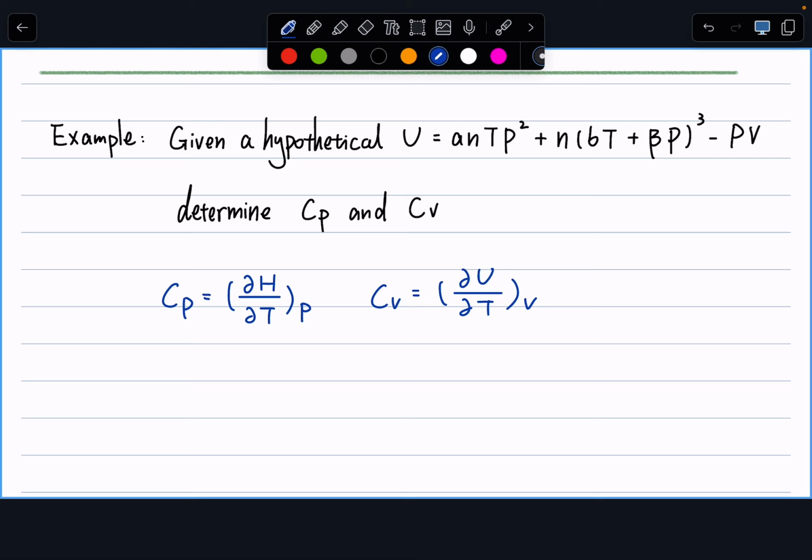I'll keep these equations here for your reference, and you can replace it with your own equation sheet. I'll be working on Cp first, and then Cv. Can people in the back see my handwriting? It's going to be pretty small. I apologize, my handwriting is pretty small on the board.